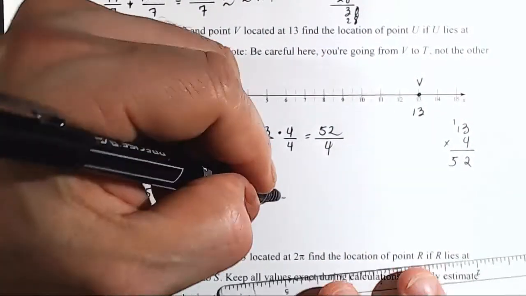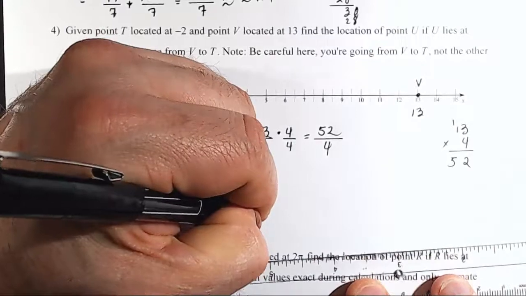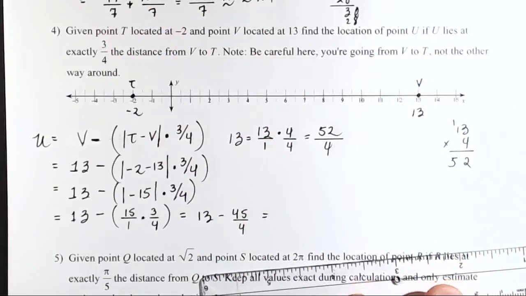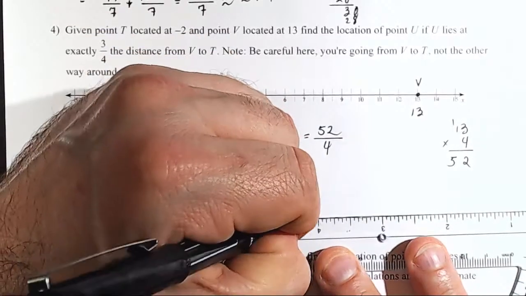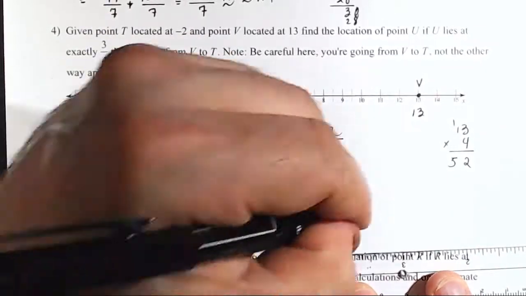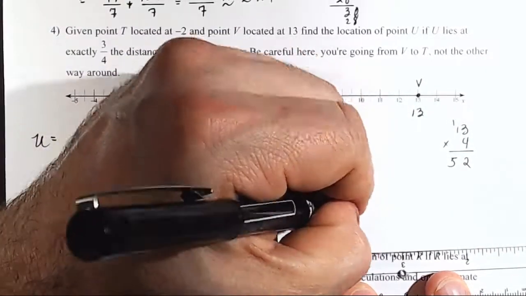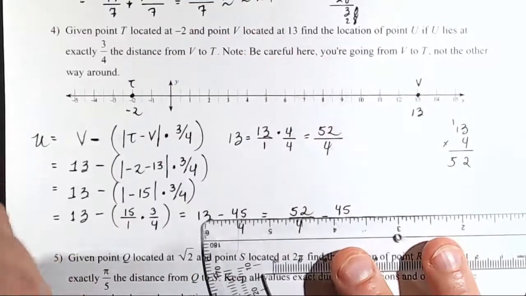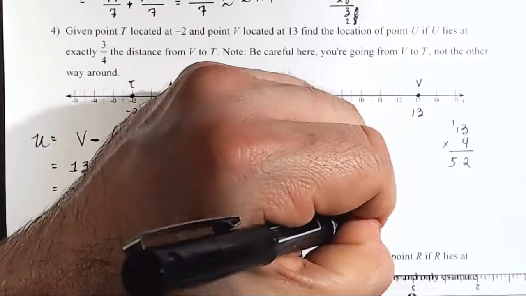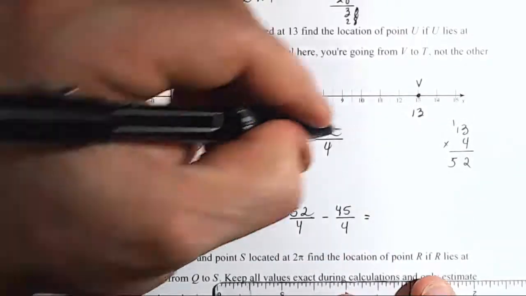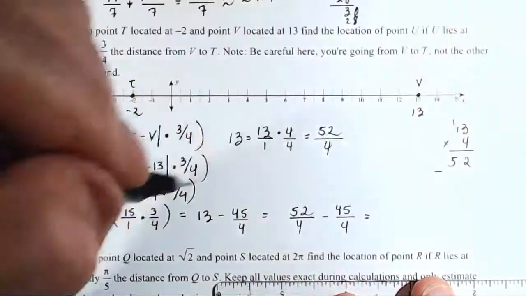Alrighty, so we'll just keep solving across here. This is equal to 52/4 minus 45/4. Okay, it's looking good. What is 52 minus 45?